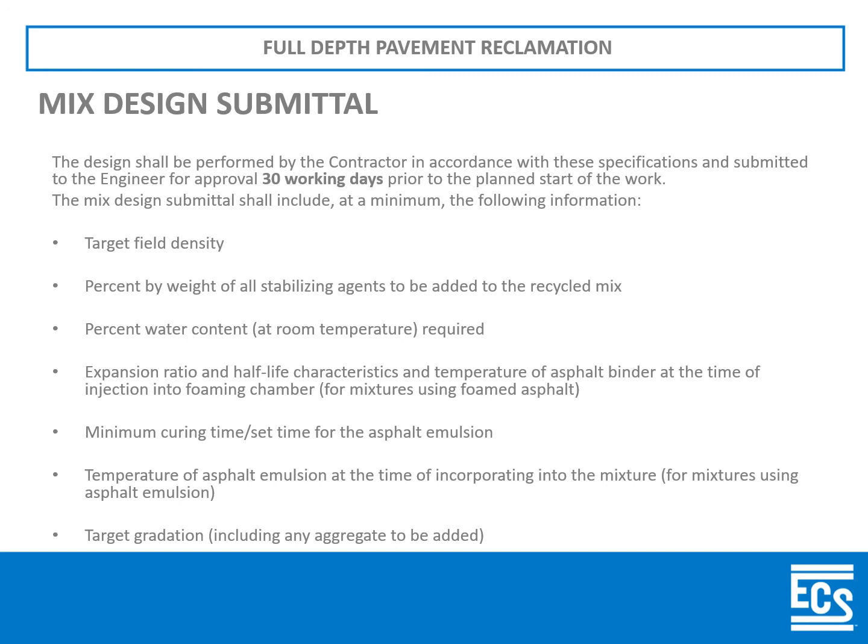Now, as I indicated, 30 working days prior to the planned start of the work. Depending on your length of roadway and how many lanes you have, this may be a hard target to hit, or you need to make sure everybody understands how much time is needed to perform the laboratory testing. Because you can imagine, for a long roadway with multiple lanes, getting one sample every 2,500 linear feet, you're running 3 proctors at every point.